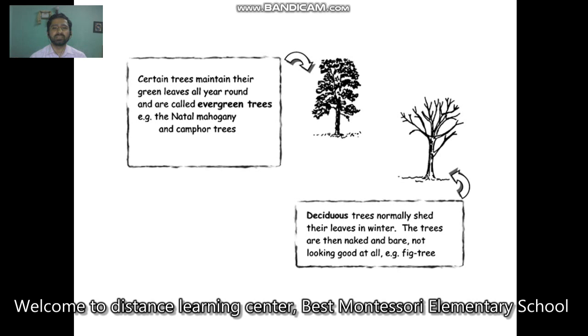Now, deciduous means that they shed their leaves in winter. The example may be a fig tree. Now, I think by seeing a plant, you can identify whether it is evergreen or deciduous. For this, you must be well acquainted with the types of plants around your locality. If it stays green for the whole year, it is evergreen. If not, it is a deciduous tree.